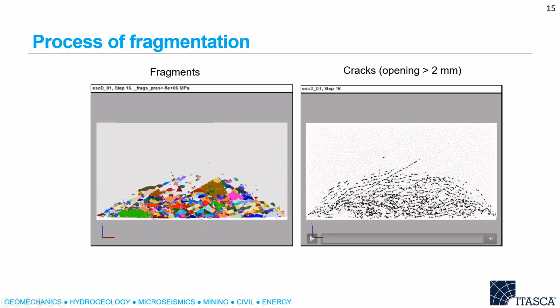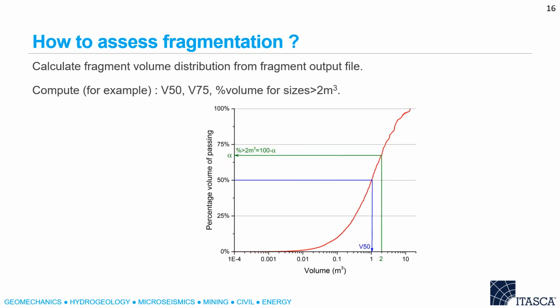And so we can have crack initiation and propagation in this model. Like I said previously, we can do some statistics on the fragments and, for example, assess the V50, which is the volume passing at the 50th percentile, or we can also assess the percentage of volumes higher than a certain number.